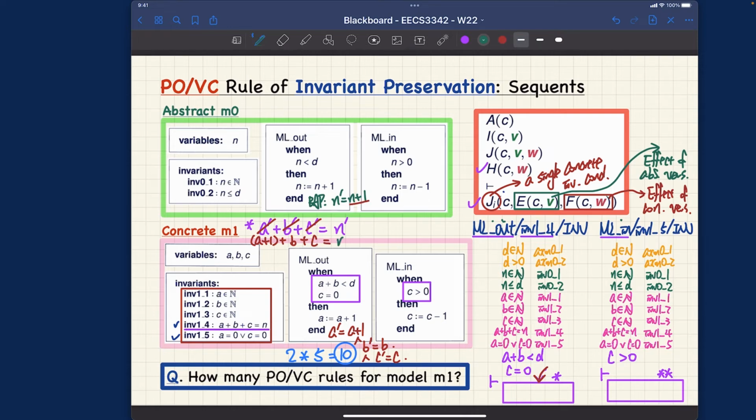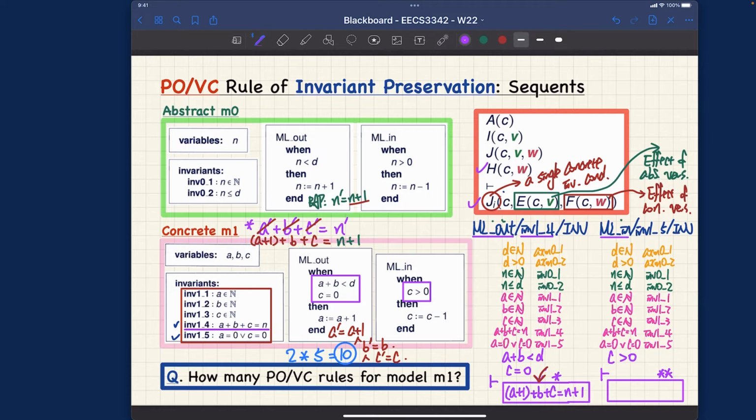So that'll be the final answer. Let me put it down. The final answer should be A plus 1 plus B plus C equals M plus 1. Okay, I can just make a little bit more space over here. That's what we have.